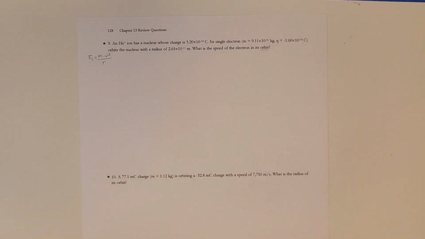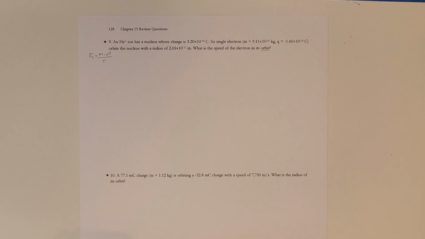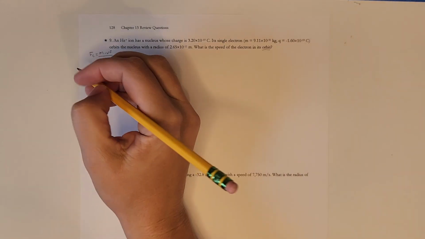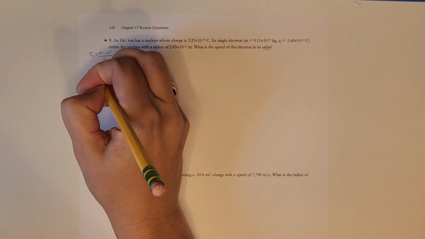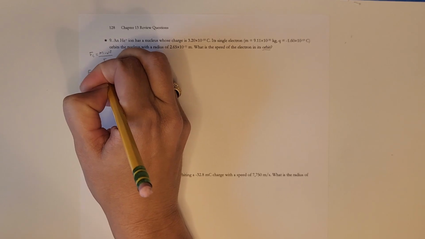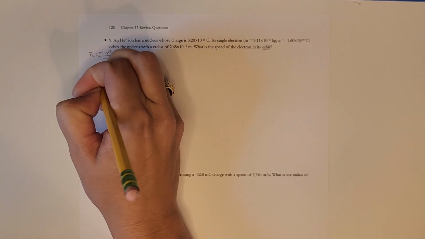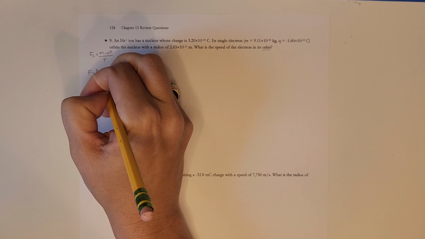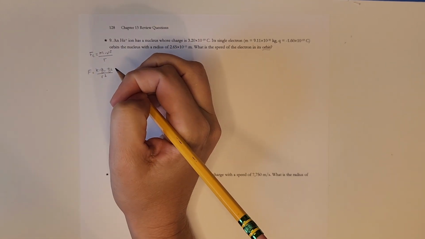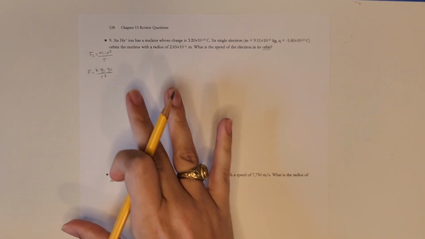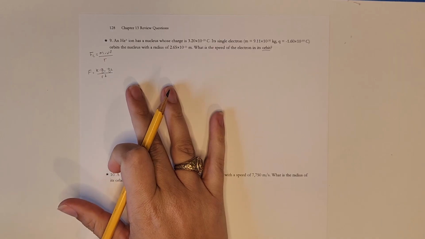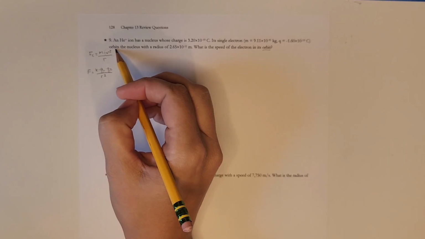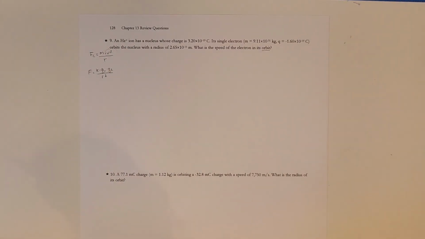Along with that, because we are working with charges, we're going to use Coulomb's law, which is the equation that we've been using for the last two questions. So force equals K times Q1 times Q2 divided by the radius squared. So we're going to set these two forces equal to each other so that we can solve for speed, the velocity here.